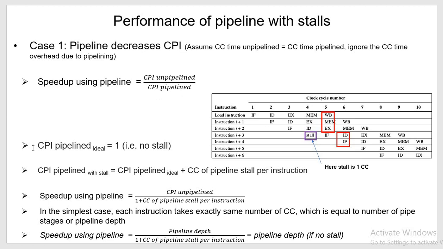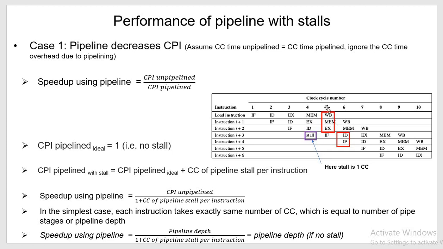Now if we consider that the ideal CPI pipeline is equal to 1, as we can see, after the completion of the fifth cycle, if there is no stall or hazard, one instruction will be executed in each cycle. Although a single instruction is not executed in one cycle, effectively with respect to throughput, one instruction is executed per cycle.